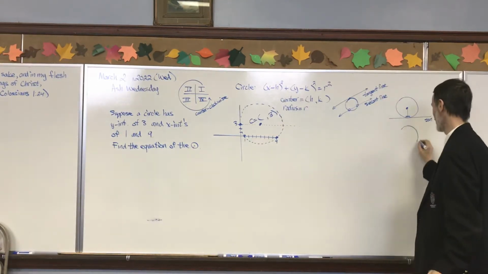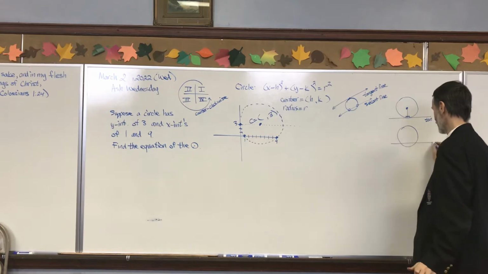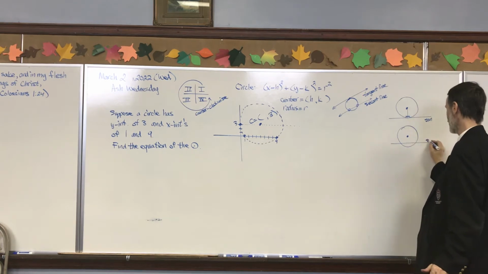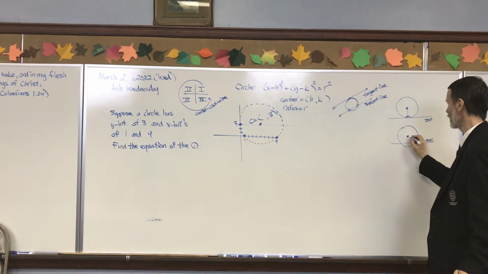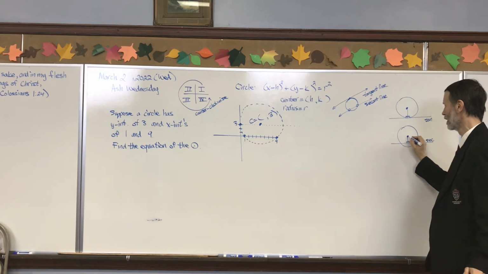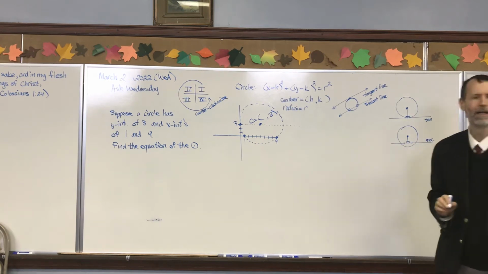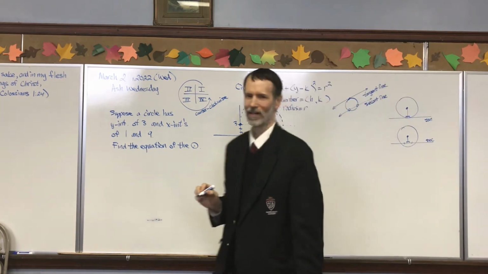There's another theorem, again, I'm not expecting you to remember these, but they're kind of interesting. If you have a secant line, and a radius is perpendicular to the secant line, then it must also bisect that, what they call a chord.